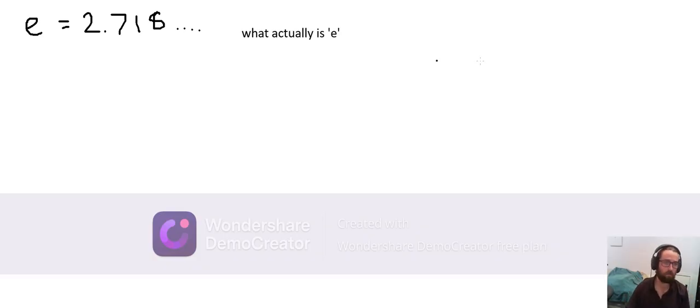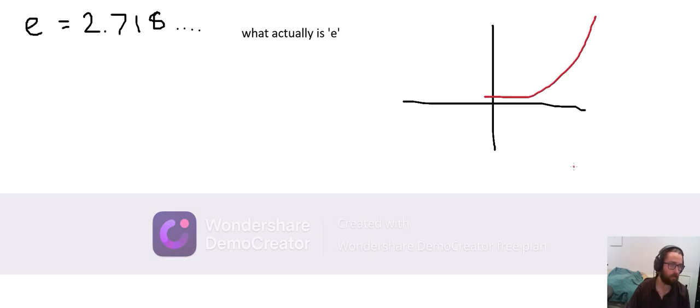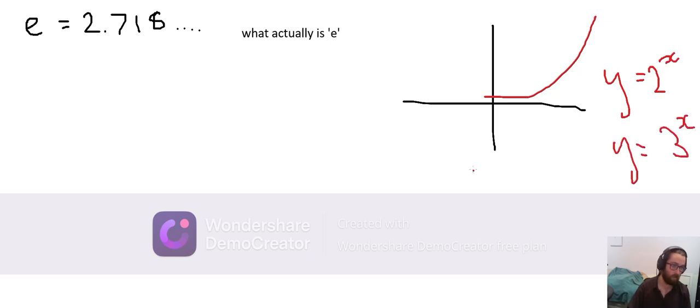Exponential functions kind of look like this, which is not to be confused with a parabolic function. So this might be something like y equals 2 to the x. It could be y equals 3 to the x. And specifically later on in this video, I'm going to talk about y equals e to the x and why it's special.